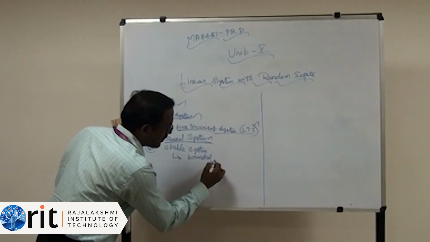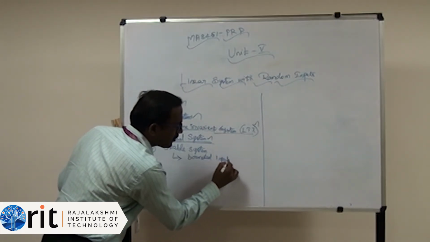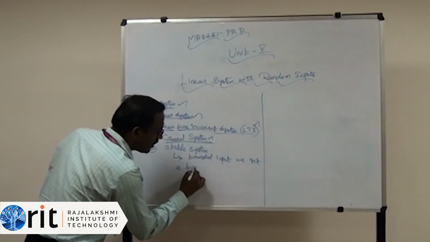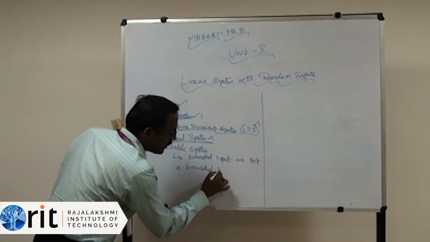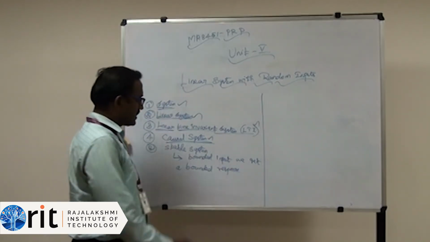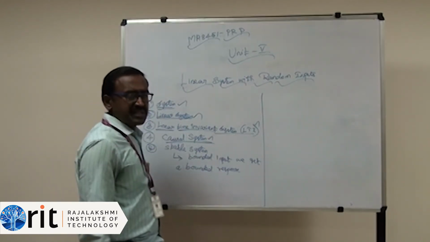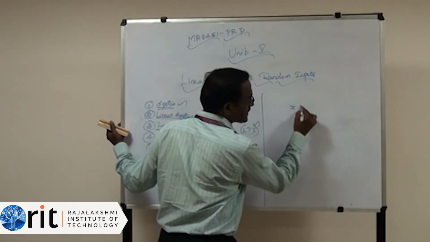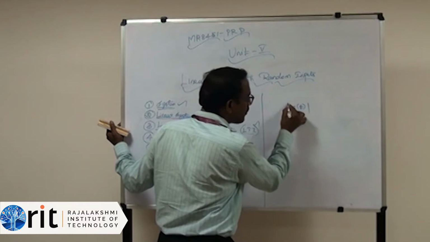Bounded input, we get a bounded output, a bounded response. Output's another name is response. So bounded input, bounded response. What do you mean by bounded input? Normally the input is x of t. Bounded means take the modulus.